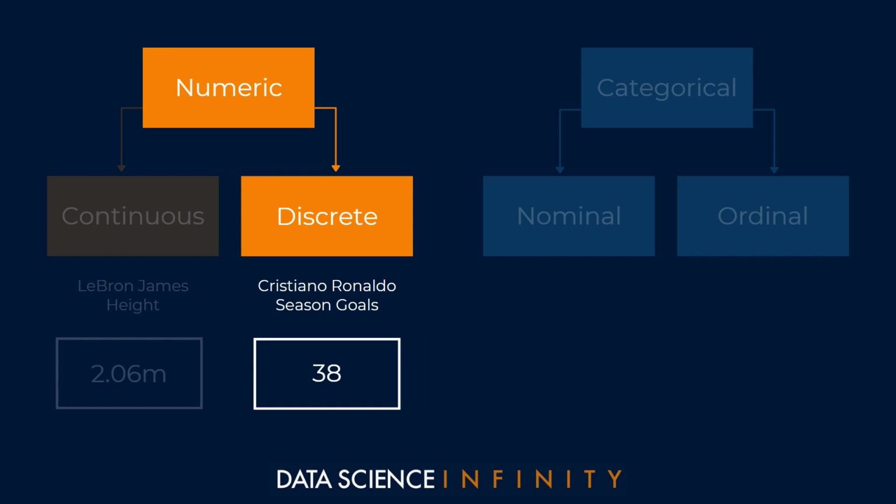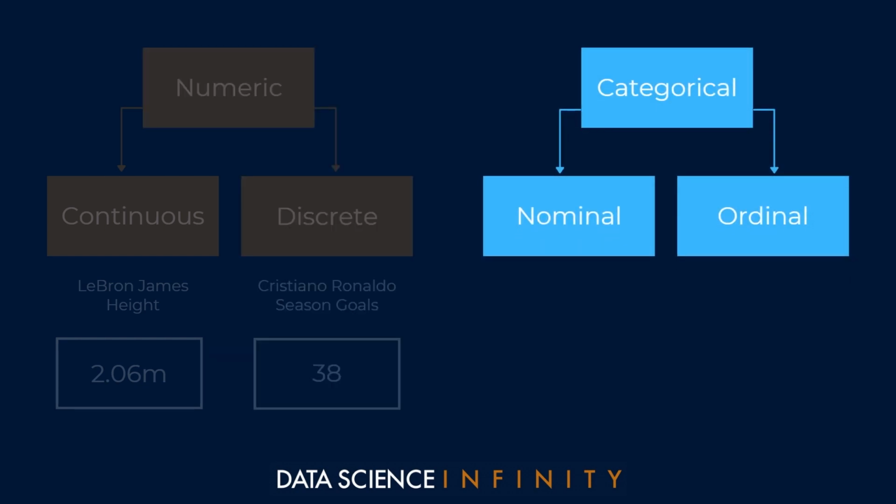Let's head over to the right of screen there and take a look at categorical data, and specifically the differences between nominal and ordinal categorical data. And funnily enough, the way I remember what nominal categorical data is, is that it isn't ordinal. And this might become a bit clearer in a moment. So nominal data essentially has no order to it.